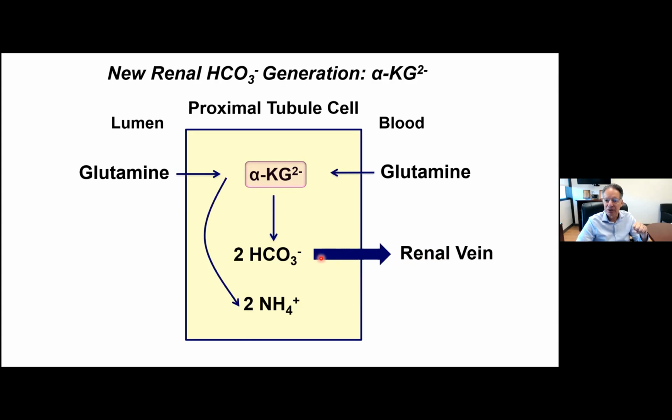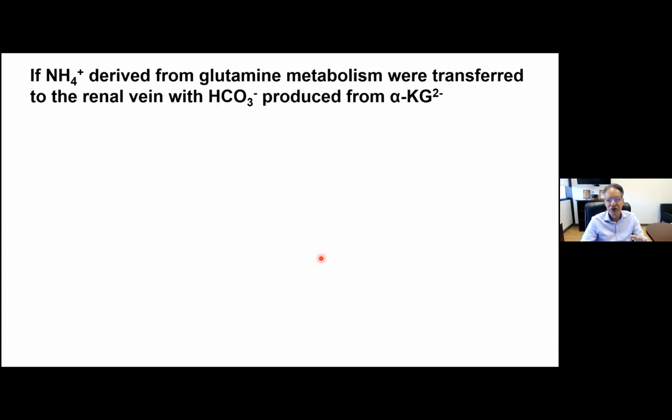Now, it turns out in the process of creating bicarbonate, or the metabolism of alpha-ketoglutarate, this other substance is also made. Ammonium is also made as a byproduct of the reactions that metabolize alpha-ketoglutarate. Now, that's not a good thing.